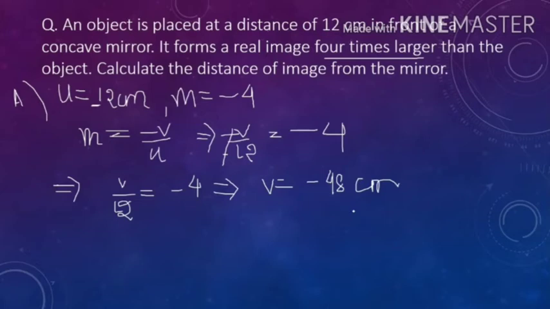So it is clear how to calculate the image distance if magnification and object distance are given. Similarly, if image distance and magnification are given, we can calculate the object distance, and if object distance and image distance are given but magnification is needed, we can do this similarly, by substituting the given values.